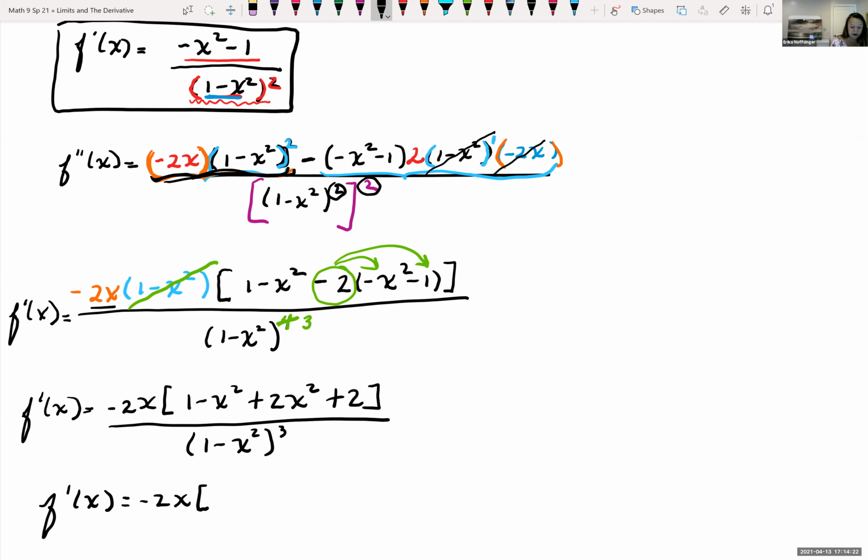So inside that bracket, we can combine like terms. We have a 2x squared minus a 1x squared, so that's just an x squared. And we have this 1 plus 2, so that gives me plus 3, all over 1 minus x squared quantity cubed.